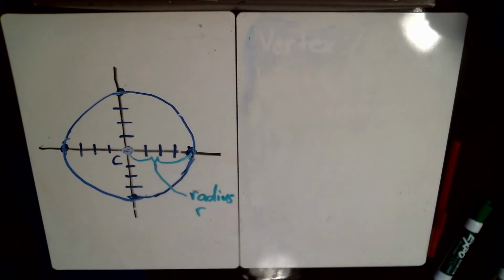I could just write down an equation and that would give me the circle. So that's what we're going to try and do right now: can we find an equation for this circle that we've drawn?